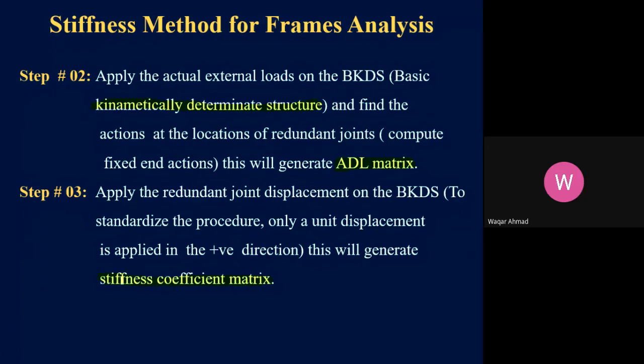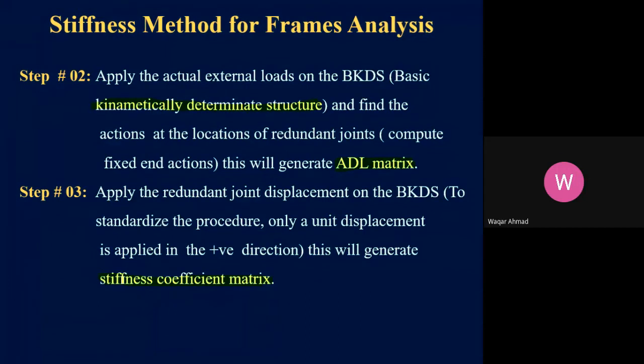So what we actually do is apply a unit displacement corresponding to location number 1, and then we find out the fixed end actions corresponding to location number 1, location number 2, or location number n, if there are n number of displacements specified initially.